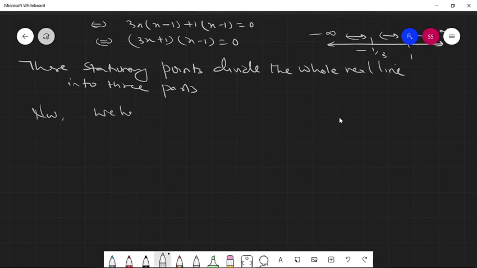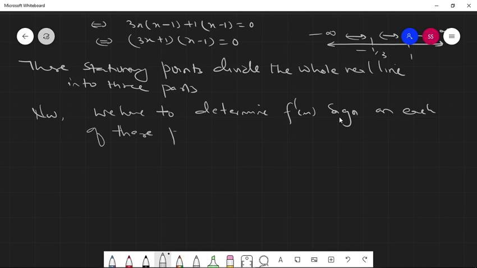Now we have to determine f dash x sign on each of these parts. So we can make the table.